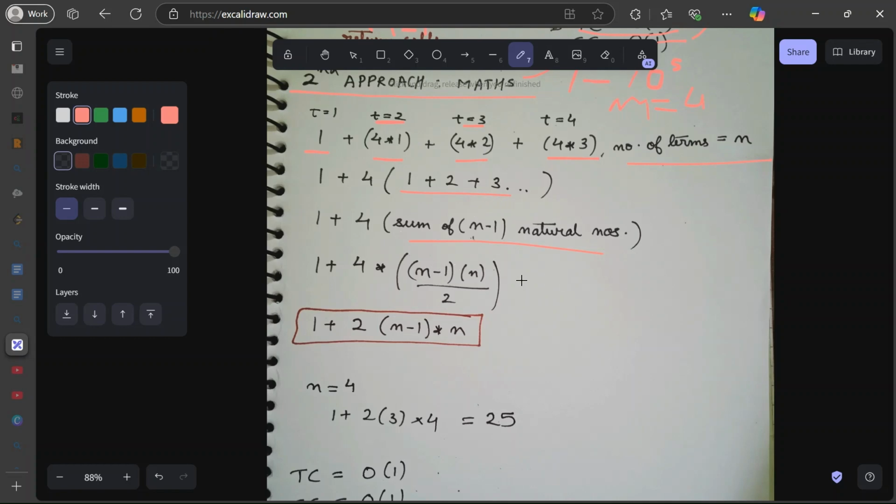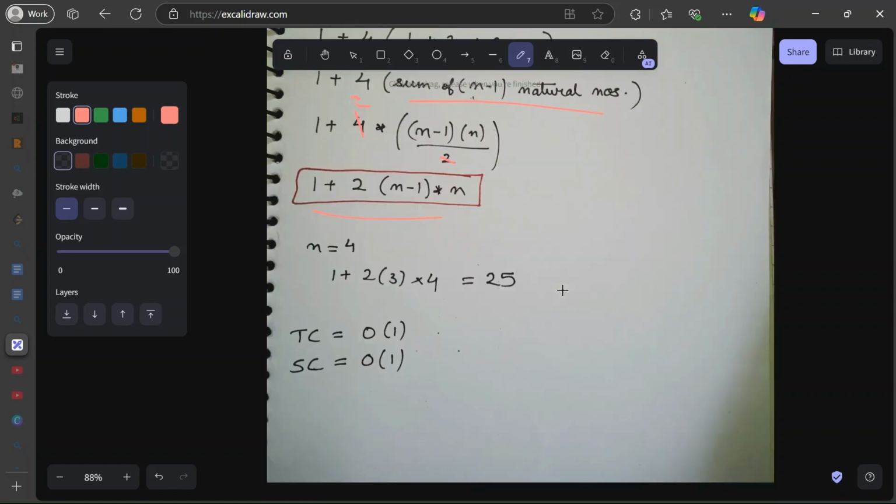So we would put it in the formula of n into n plus 1 by 2, which is the sum of n natural numbers. Instead of n, we would write n minus 1. So we would get this. This would cut off to 2. And the final result we get is this. 1 plus 2 into n minus 1 into n. So we would just return this formula.